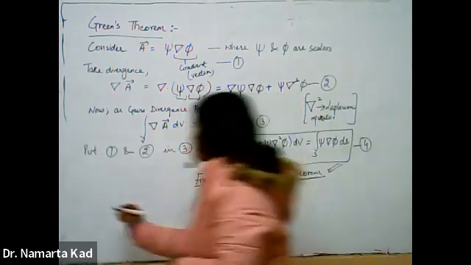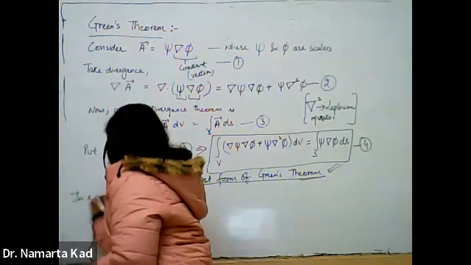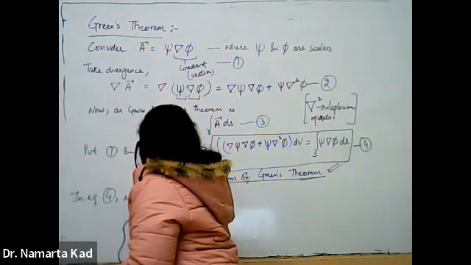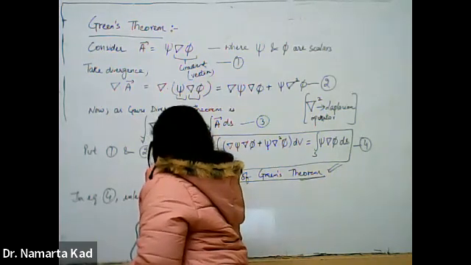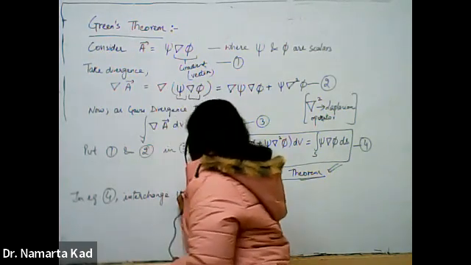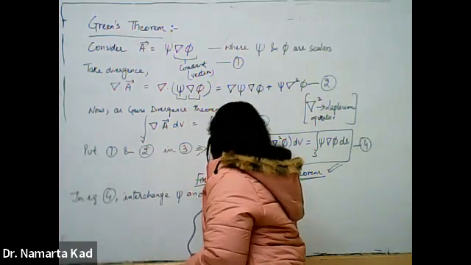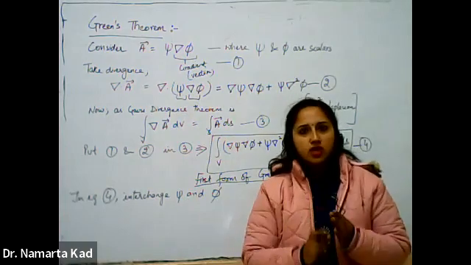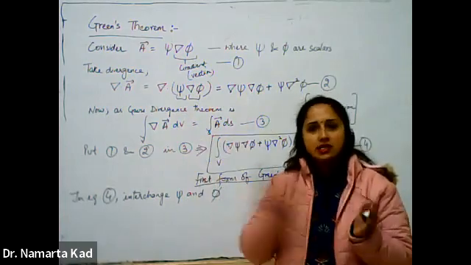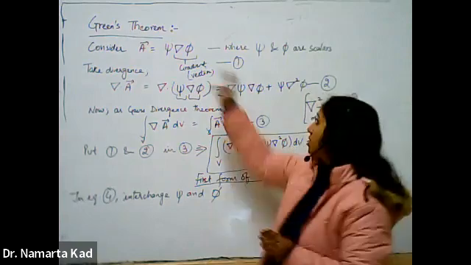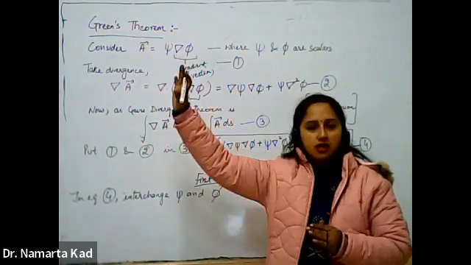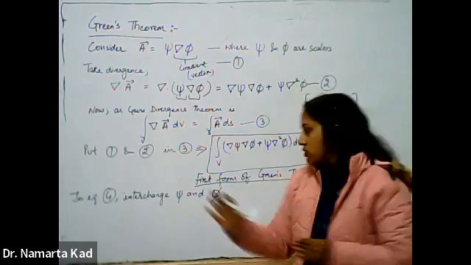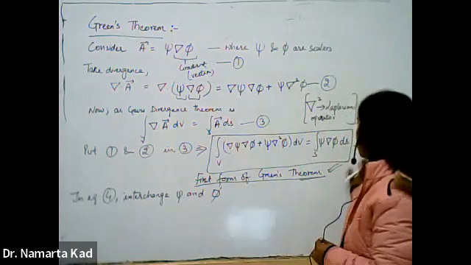Now in the next step, in equation number 4, interchange psi and phi. The scalars that we assumed in the starting, just interchange their positions. With the gradient there now comes psi, and outside the gradient there comes phi.